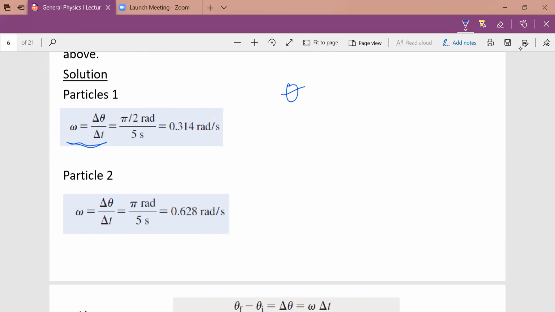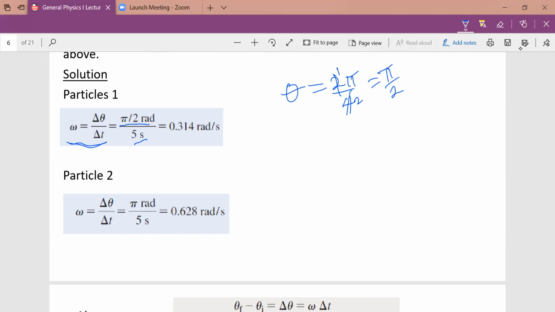But we know that theta is equal to 2 pi for one complete revolution. Particle 1 covered just a quarter, which means it covered a quarter of the revolution. So the 2 goes into the 4 and 2, and we'll have that particle 1 covered the distance pi over 2 rad in 5 seconds.